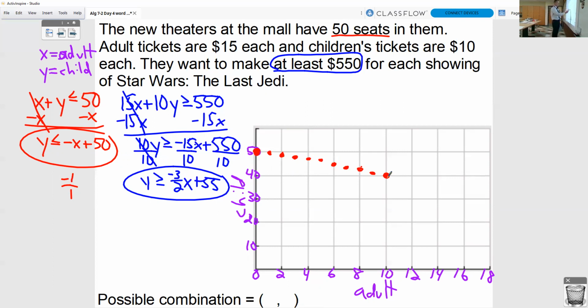And then we keep on going with it, down 1 over 1, and we keep on going. So this is a solid line, and we are shading below the line.